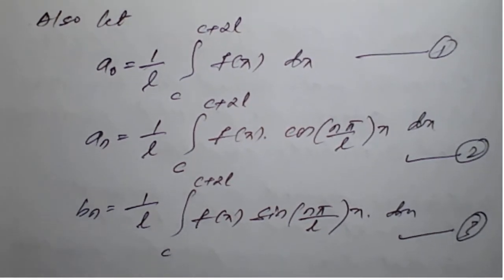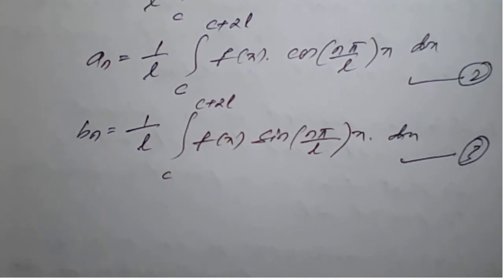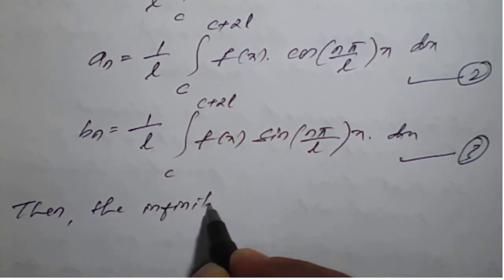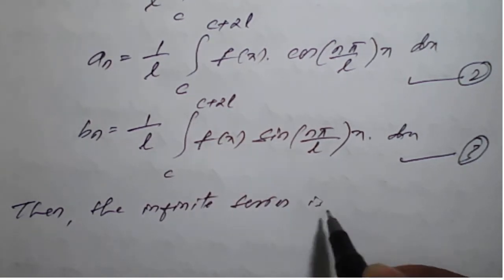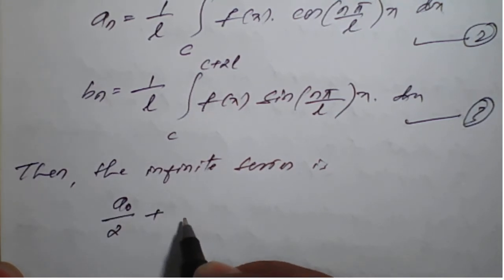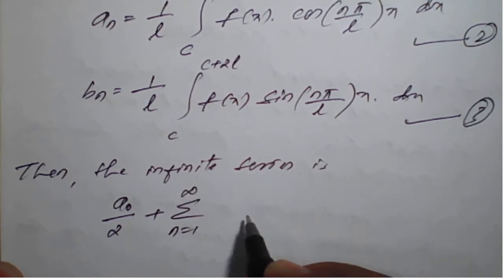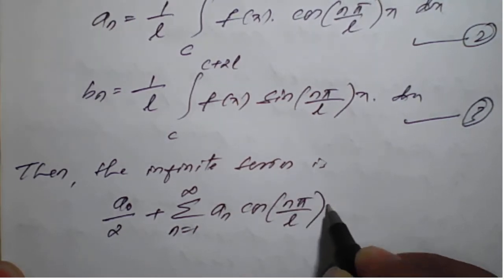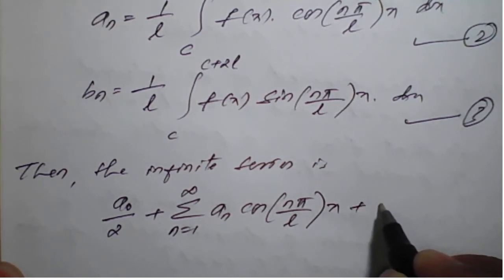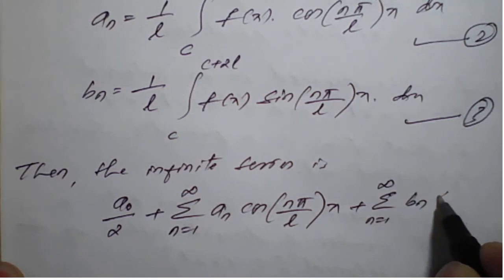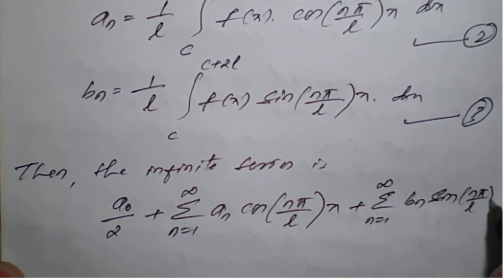So these are going to be called a trigonometric series, or I can say that the infinite series, which we have already seen in the slide, is a naught by 2 plus summation n from 1 to infinity a n cos of n pi upon l into x plus summation n from 1 to infinity b n into sine of n pi upon l into x.